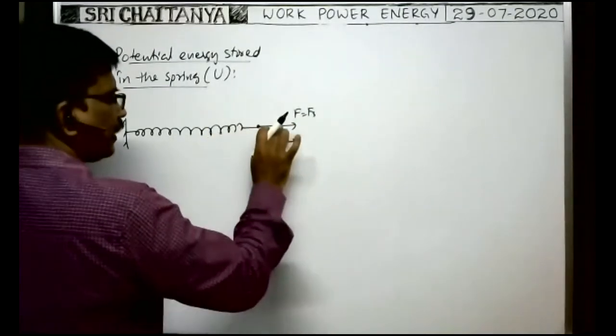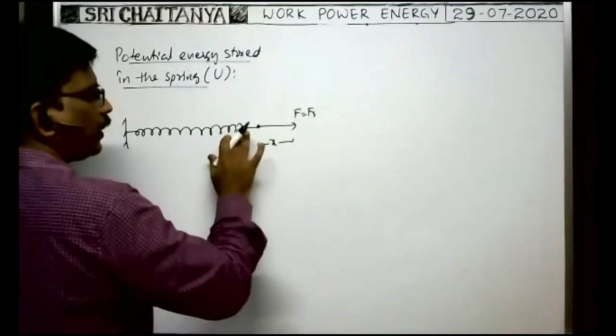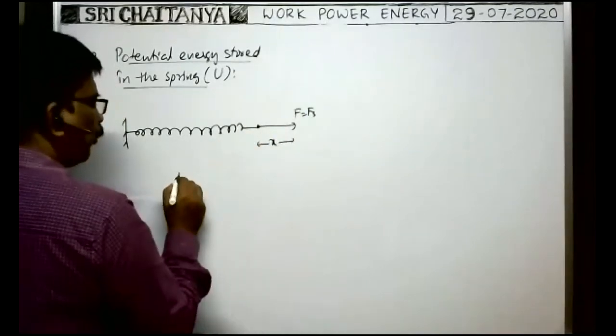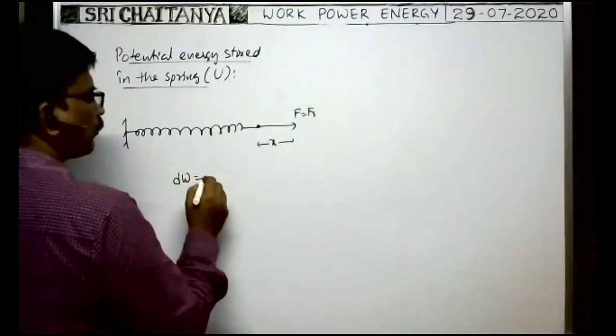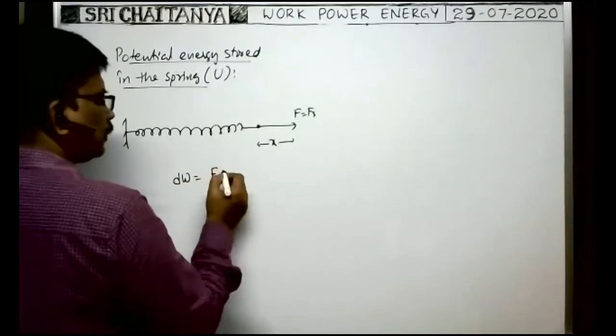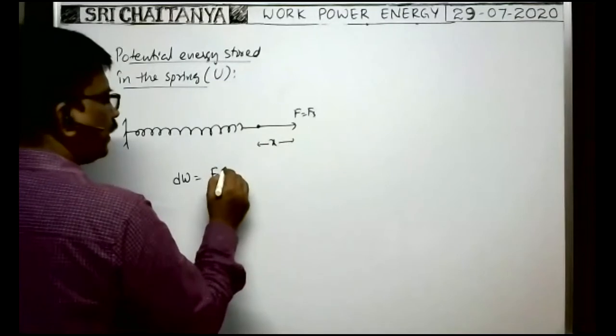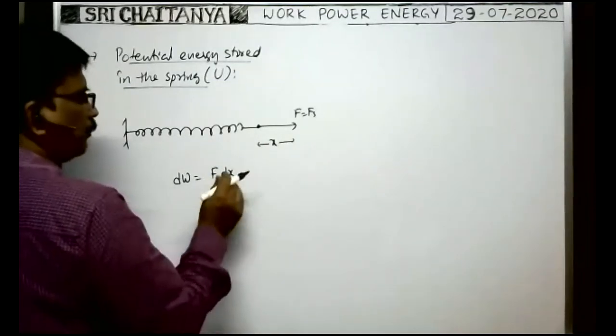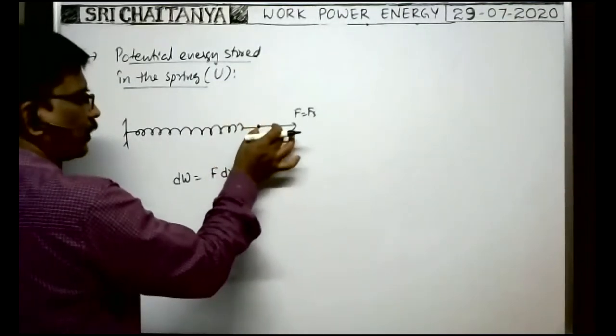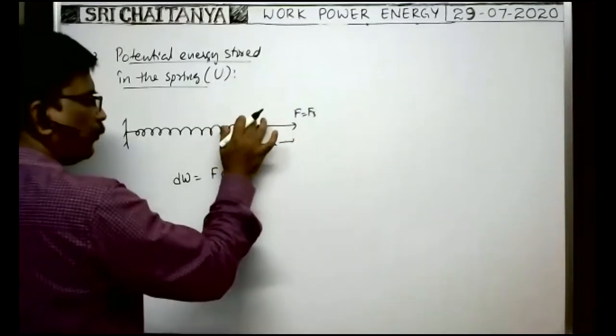As long as extension increases, the applied force has to be increased to extend the length. That's why work done by the external force is equal to the applied force, which is numerically equal to the spring force, times the small extension dx.